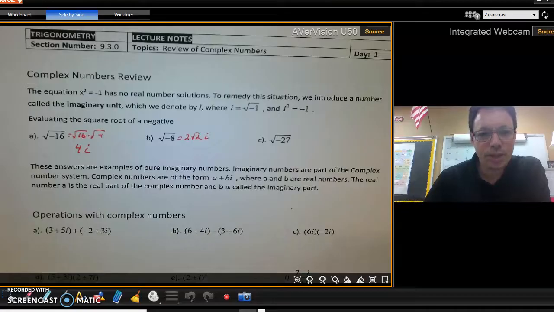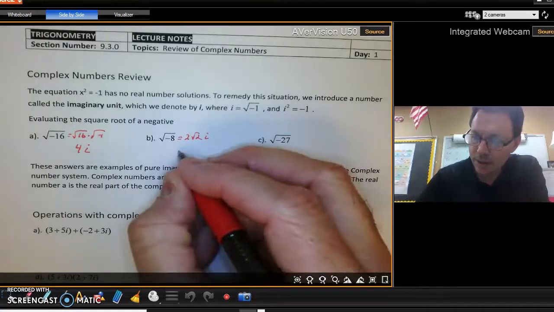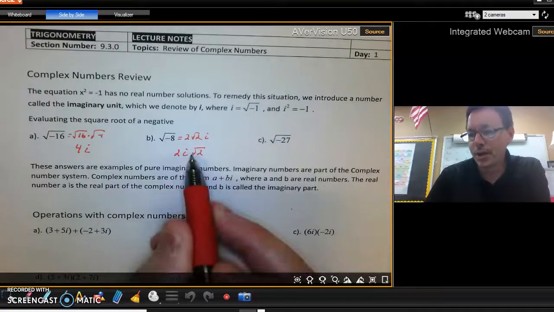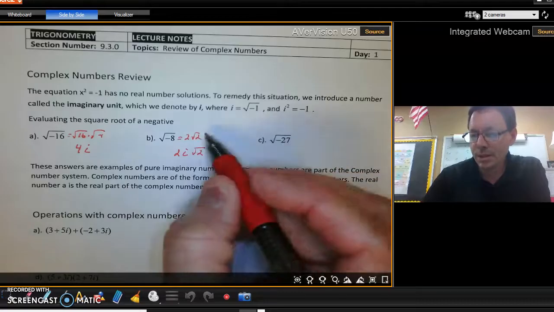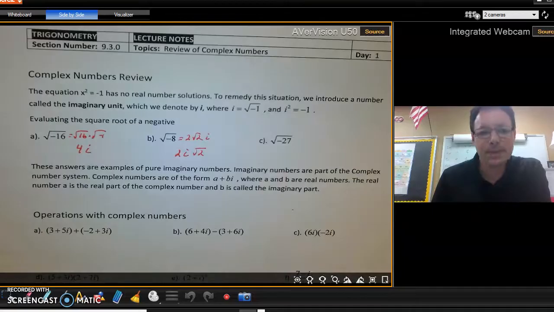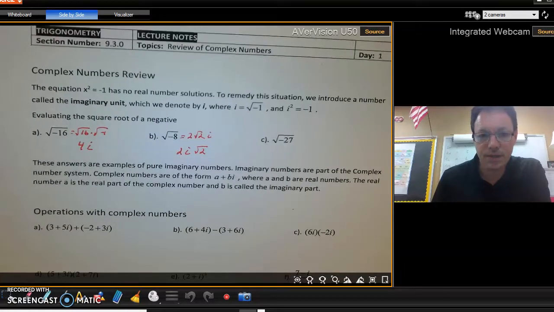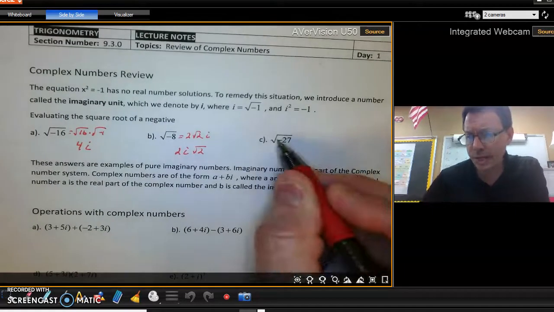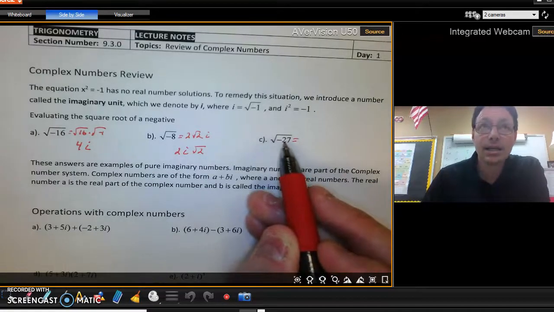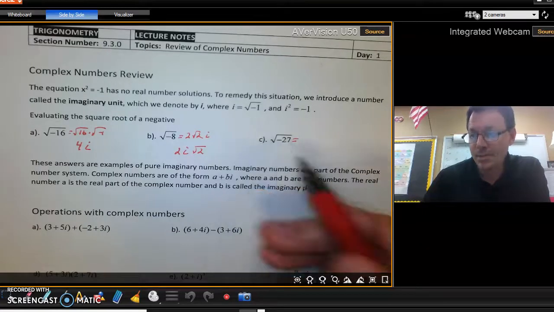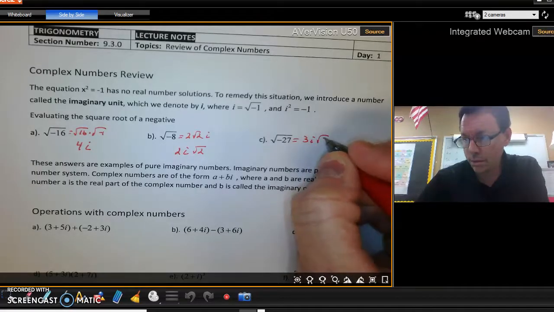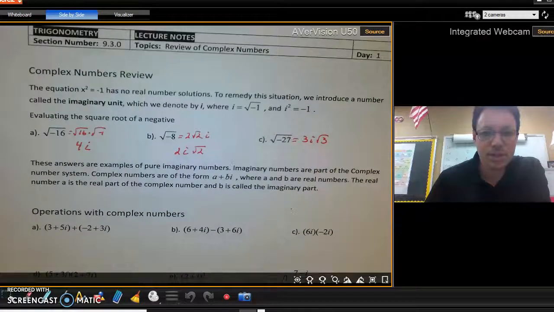Usually we write it as 2i and then radical 2. We put the i in front of the radical so that, in case you draw your radical too long, it doesn't look like the i is under the radical. That's how you would simplify the square root of -8. The square root of -27: 27 is 9 times 3, 9 is a perfect square, so it would be 3i radical 3.